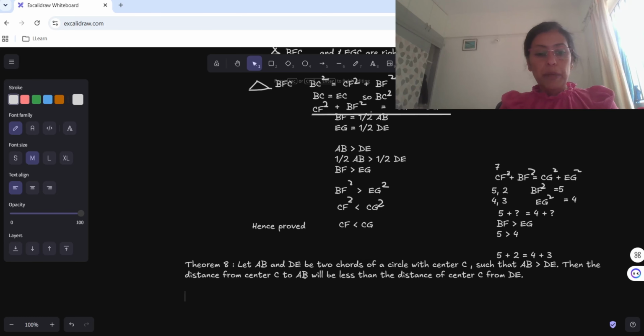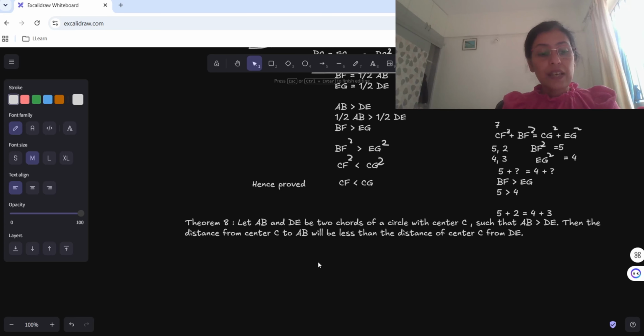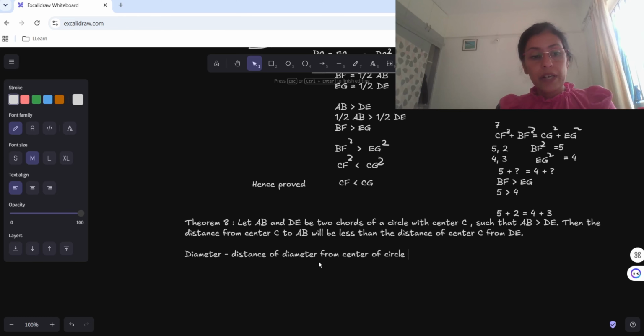Based on this, what can we say about the diameter? Now that we know already that diameter is also a chord. It is the longest chord of the circle, right? Now, what is the distance of diameter from the center of the circle? You know already, diameter passes through the center of the circle, and that is why it is the longest chord, right?